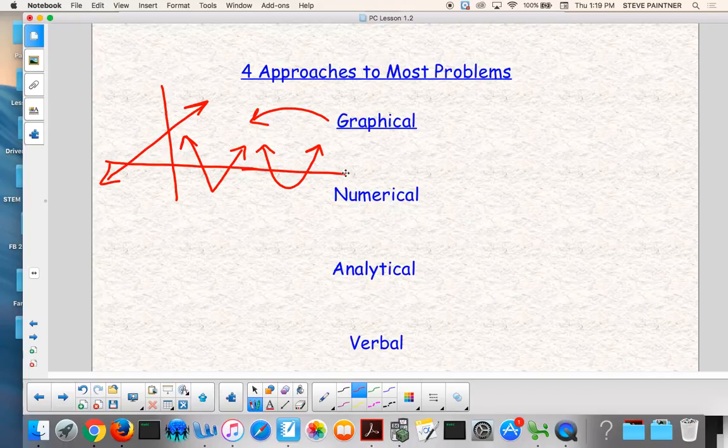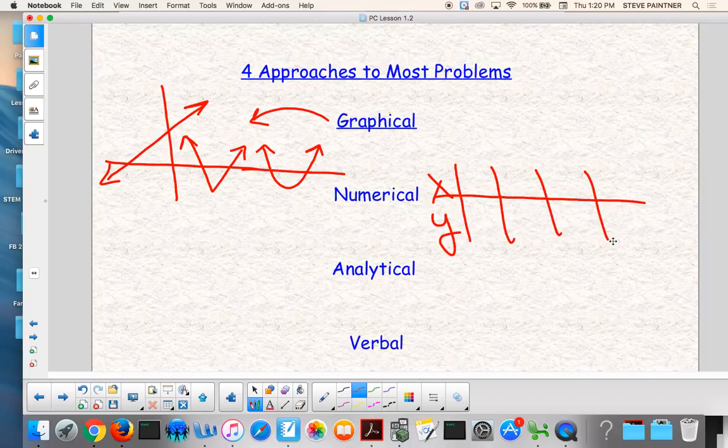That's great. Numerical means look at an equation and start making a table. So you can look at equations, you can make tables. Analytically, it just basically means use your algebra skills.